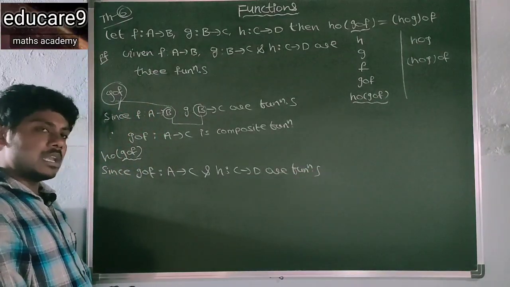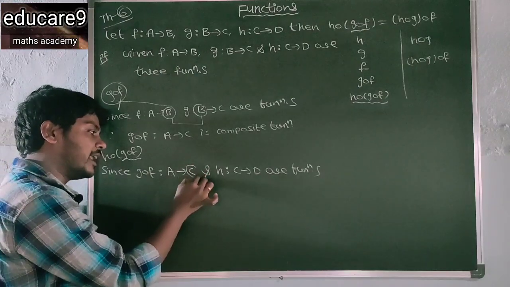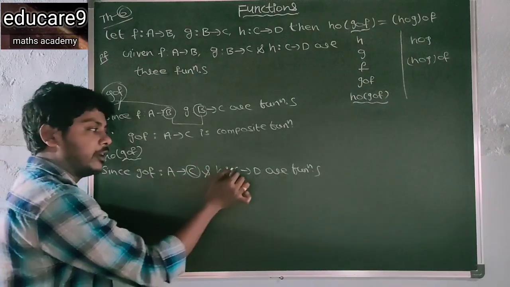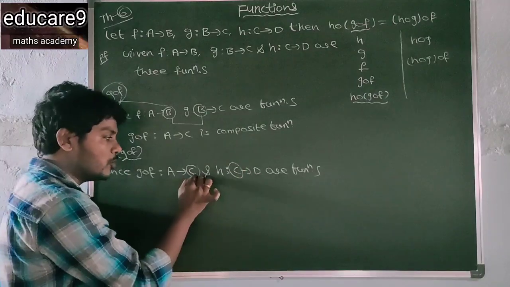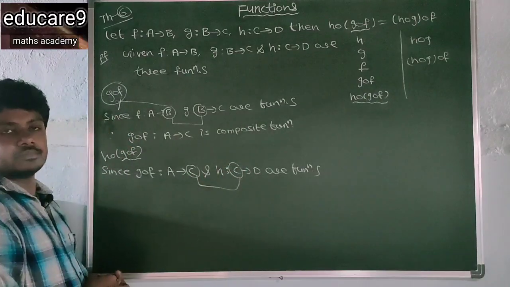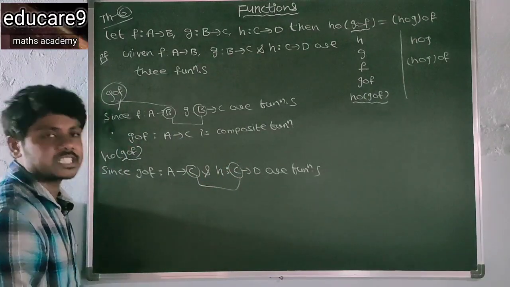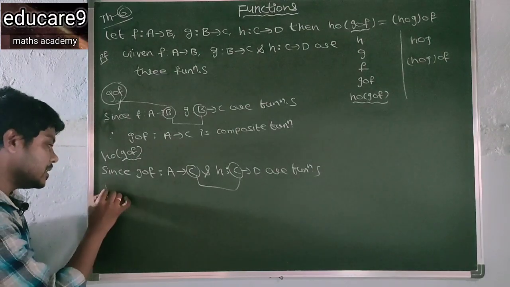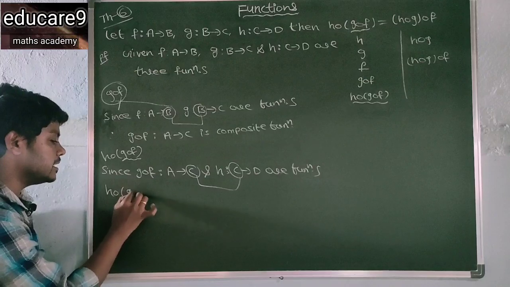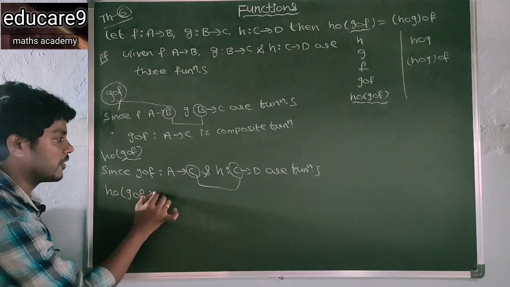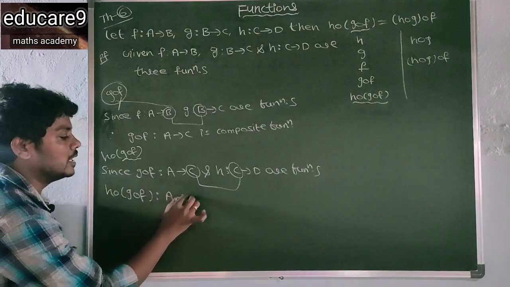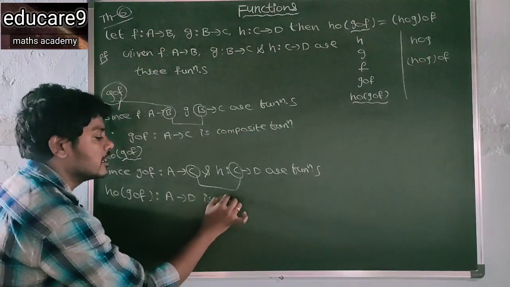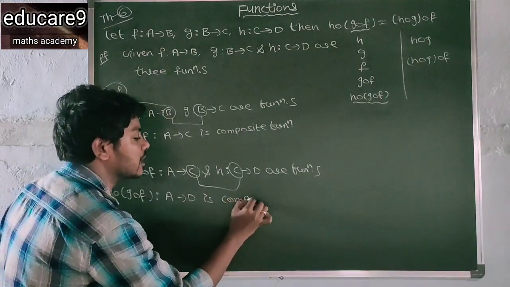Then clearly codomain of G circle F and domain of H are equal. So the composite function exists and that mapping is H circle G circle F from A to D is a composite function.